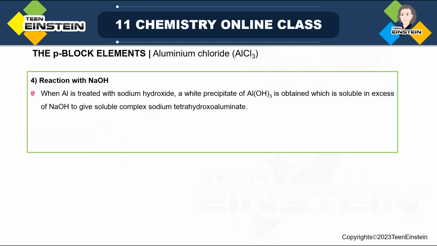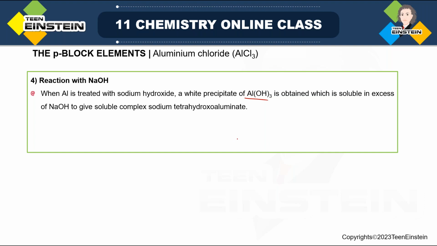Now aluminium can react both with NaOH and HCl. Here we will see how it reacts with sodium hydroxide. So here also we are getting the gelatinous precipitate of Al(OH)3. In the previous reaction, that is reaction with water, there also we have seen when it reacts with water there is formation of this hydroxide of aluminium.